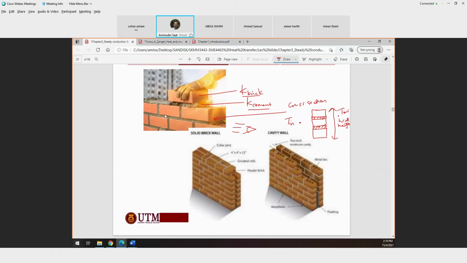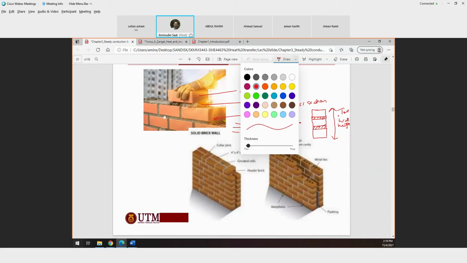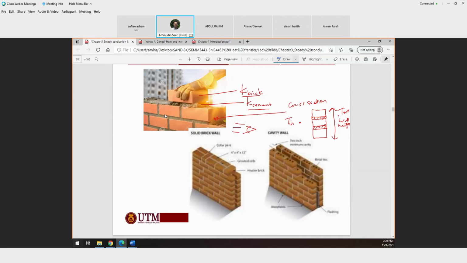If you are considering this thermal resistance, you may have one resistance due to the brick, one resistance due to the cement, and then again resistance due to the brick, and then resistance due to the cement, and this will be repeated, whether you want to calculate at a specific wall height or for the whole wall height.